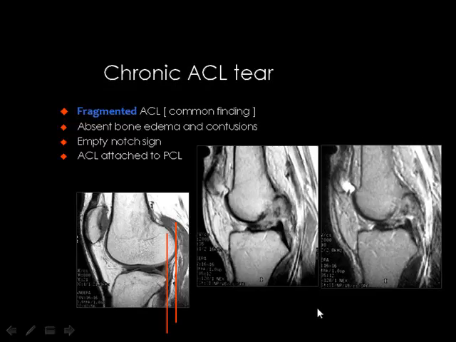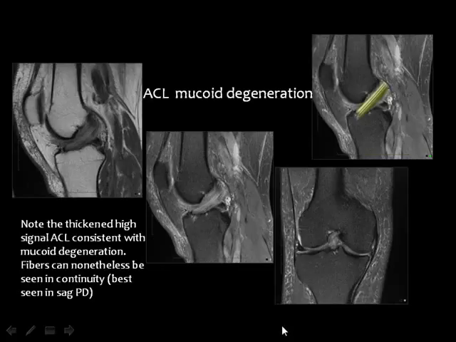Then we have three types of tear: complete tear, partial tear, and this chronic tear, which is diagnosed by fragmentation of the ACL. Then look at this appearance. The ligament here is swollen, okay, and is not black. It is gray and maybe bright in the T2 weighted image.